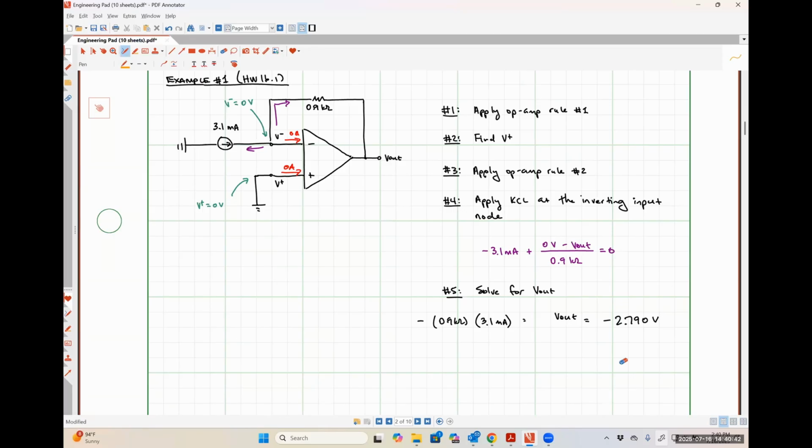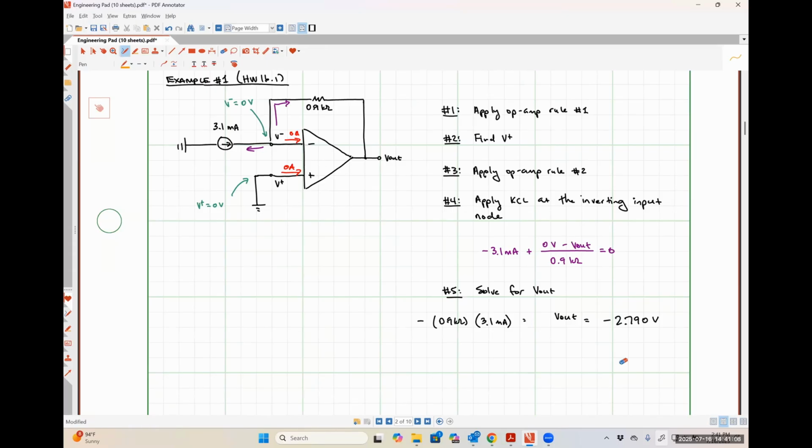I'll work a problem or two where this process doesn't work, because there are one or two of those in your homework. I will also rant about how utterly stupid they are and pointless. But if you can do this process, you can analyze practically any op-amp circuit.